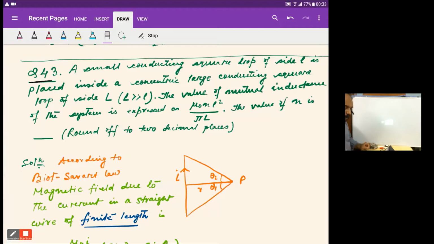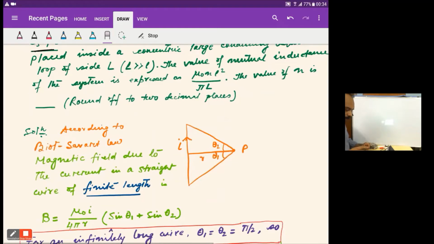The value of mutual inductance of the system is expressed as mu 0 n small l square by pi capital L. We have to find out the value of n and round it off to 2 decimal places.